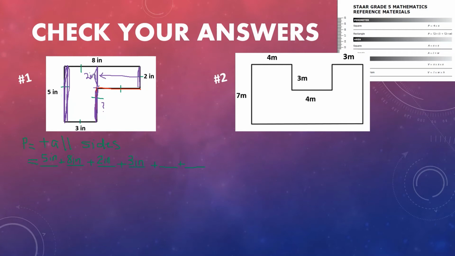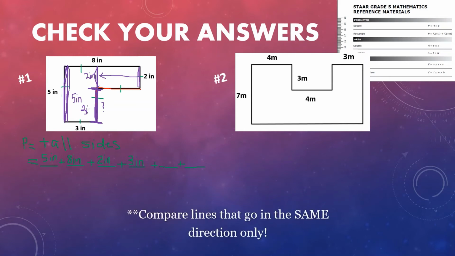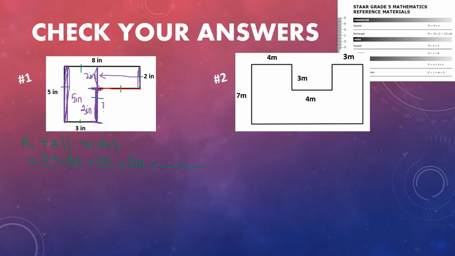And what I also know is that this whole entire line is 5 inches. Then from here to here has to be 3 inches. Notice I'm using the lengths that go the exact same way for my information to figure out the missing length. So I'm gonna put that 3 inches in my formula.